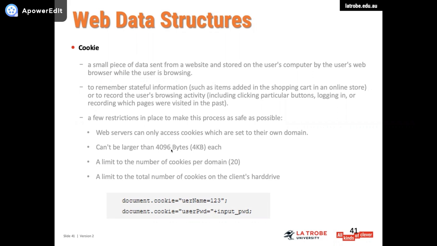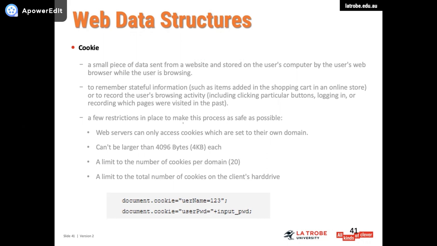First, web servers can only access cookies which are set to their own domain. So when a cookie from a website is saved to a local computer, no one else can open this cookie, because this cookie is only readable and accessible to the target domain. Even yourself or servers from other domains cannot open this cookie because it's all encrypted.